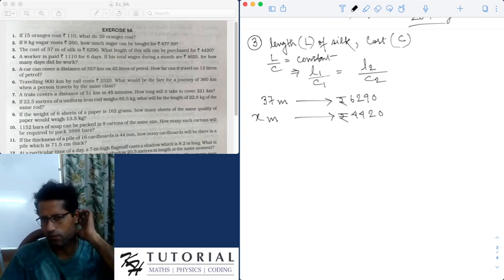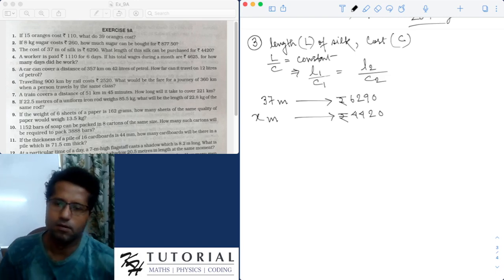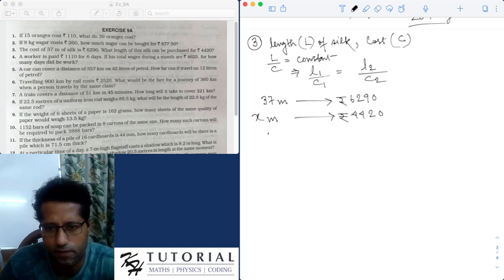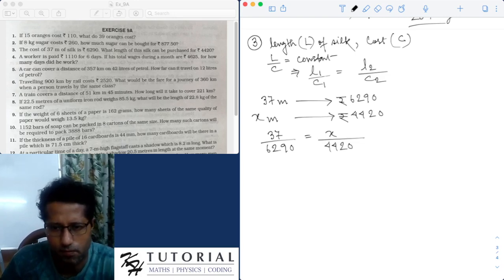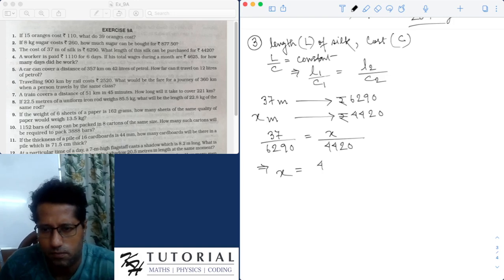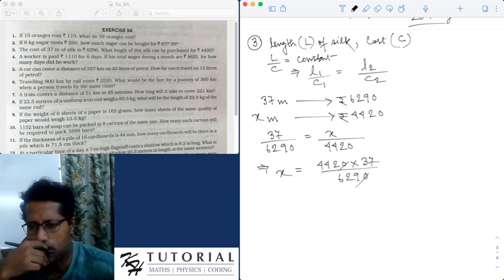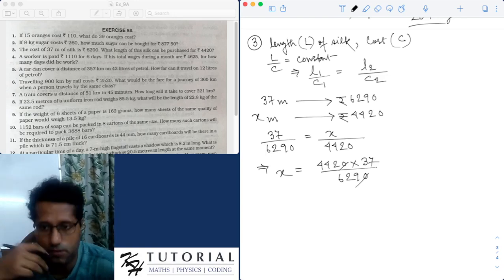Now using the concept of direct proportion or direct variation, we can say that 37 by 6290 will be equal to x by 4420. From here we can say that x equals 4420 multiplied by 37 divided by 6290.